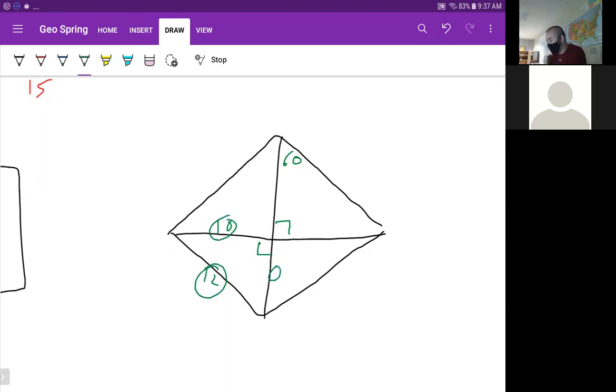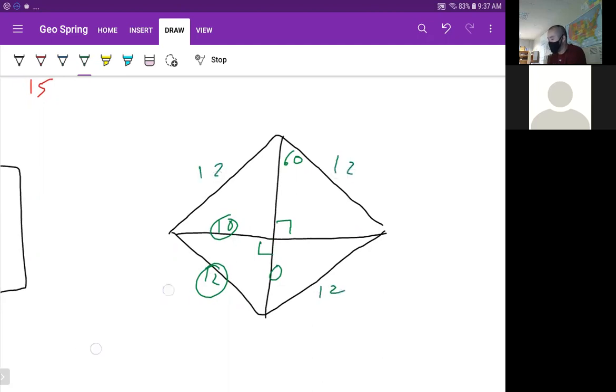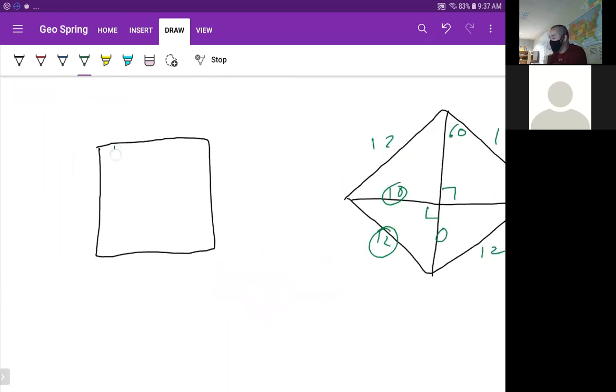If you know this side length is 12, all the other side lengths are 12. Each of these are 90 degrees. If you split it, these are 45 degrees. This is split, these are congruent. There's just a lot of information.